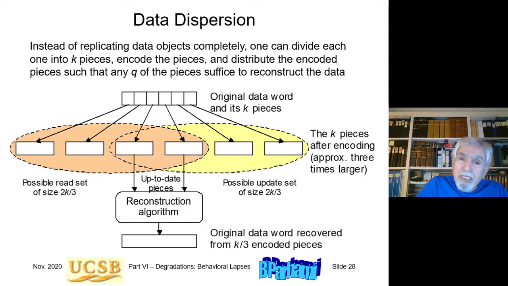A similar technique can be used with data dispersion. This is an example that we had before. We have a data file on top, and we encode the data file. We cut it into 6 pieces and encode the 6 pieces using redundancy in such a way that any 2 pieces would be sufficient for reconstructing the data.